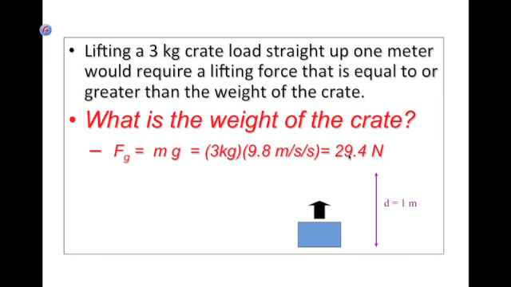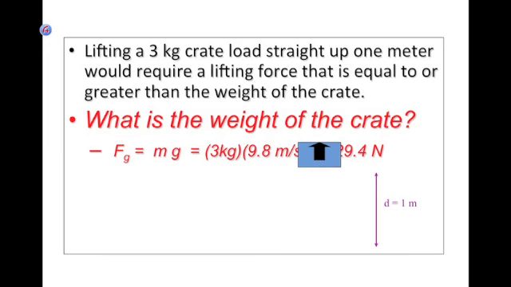So we need to calculate what that weight will be in order to figure out what our force needs to be in this case. The weight of the crate will be 3 kilograms times 9.8 meters per second squared, so approximately 29.4 newtons.